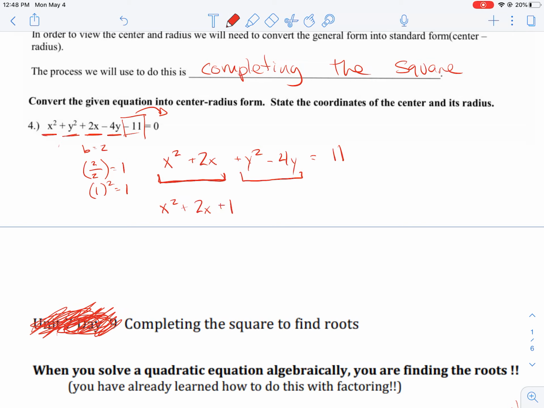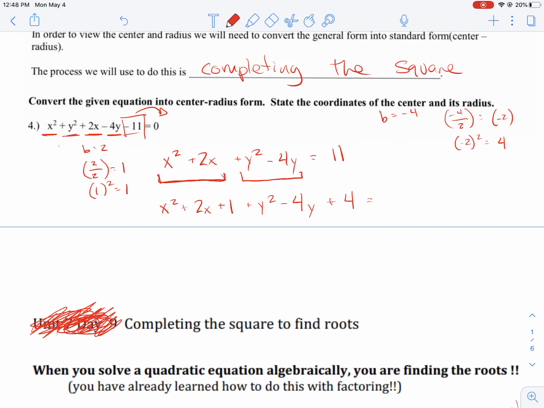Now let's take a look at this one right here. So our b value for the y's is -4. So we're going to go -4 divided by 2, which is a -2. And -2 squared is equal to 4. So plus y squared minus 4y plus 4.